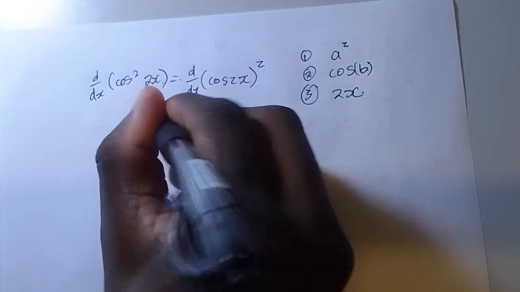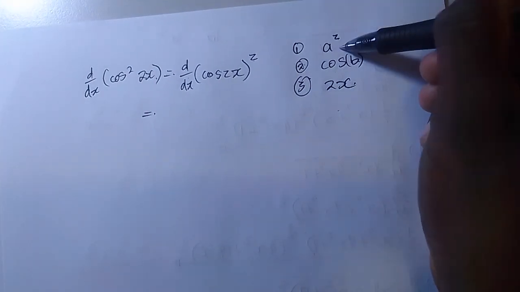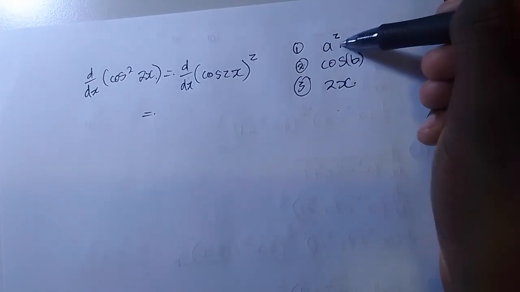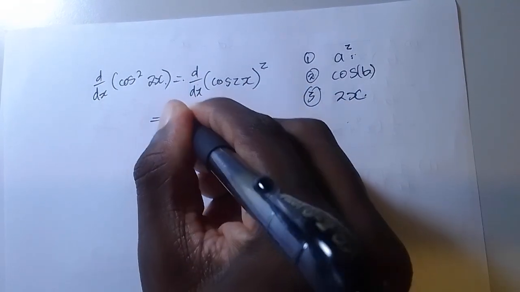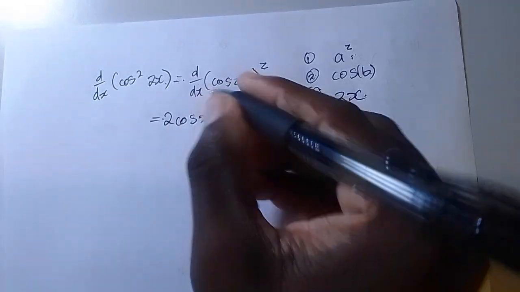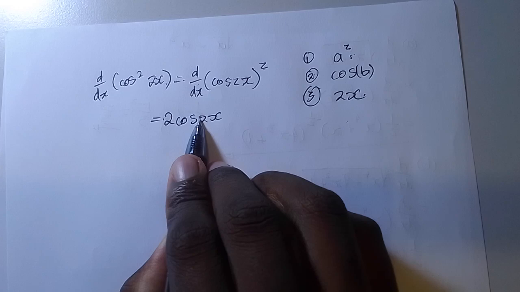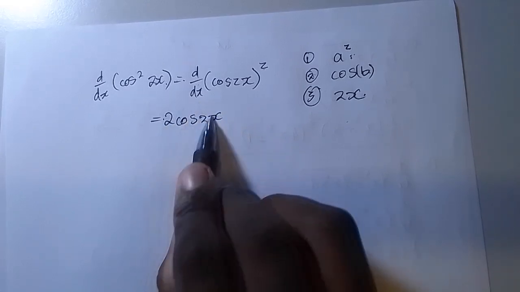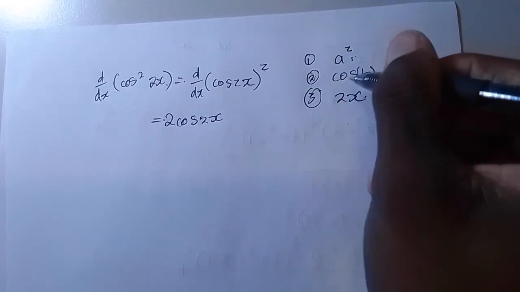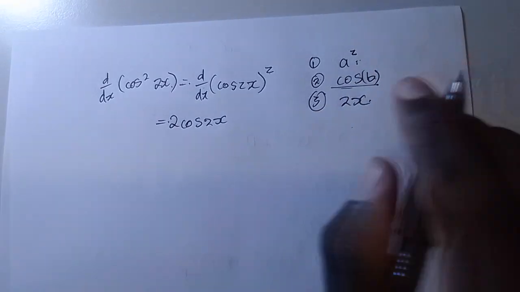Let me show you how to do this one. You differentiate the outside function, which is something squared. Use the power rule. You say 2 cos 2x to the power of 1, so it's just 2 cos 2x when you differentiate the outside function. Now we need to differentiate the inside function, just as the chain rule says.